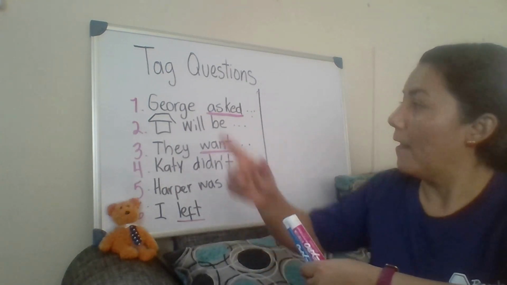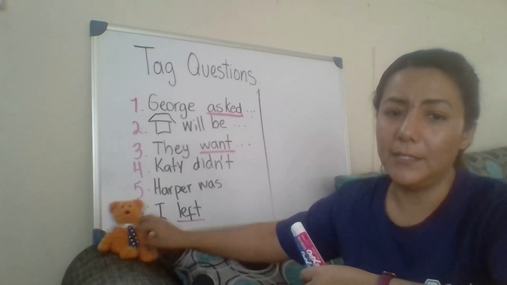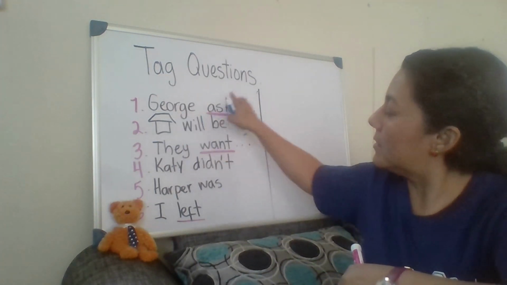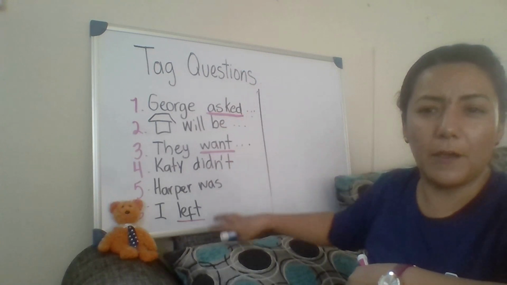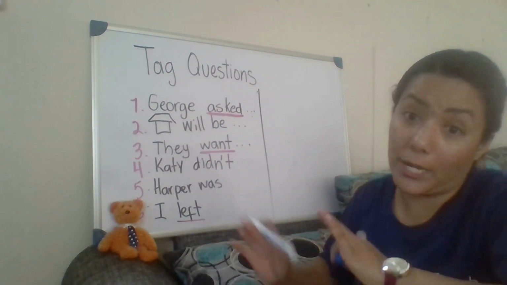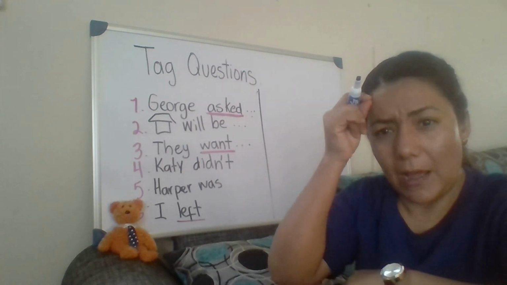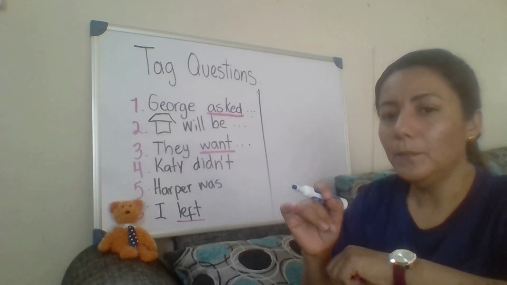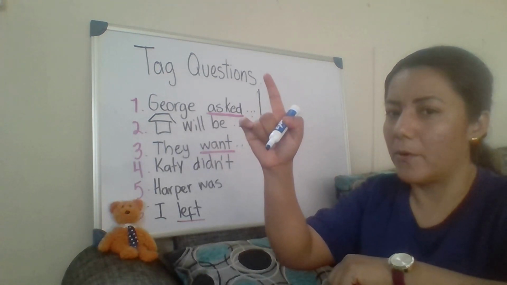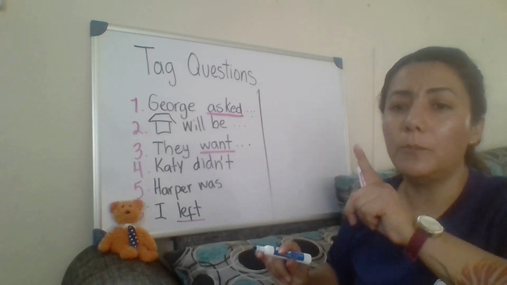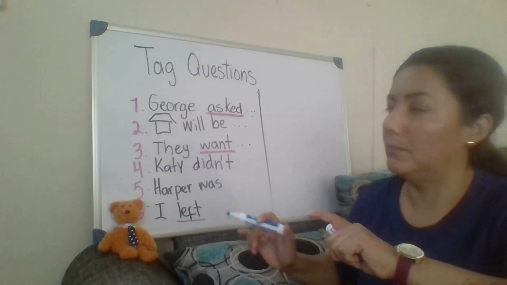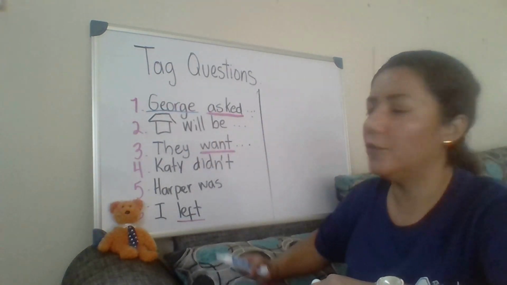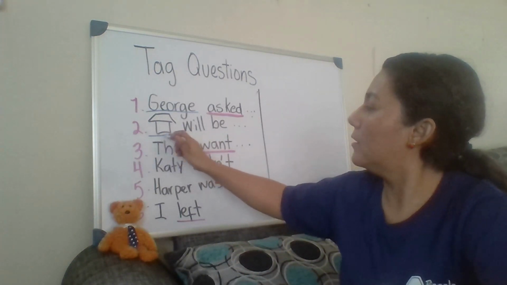Okay? Here, the first thing I'm gonna do is, I only have the subjects and the actions, the verbs or helping verbs. I'm thinking about the rules we went over, and I remember they said the subject stays the same. So here's my subject. George. Do I have a subject? Yes.